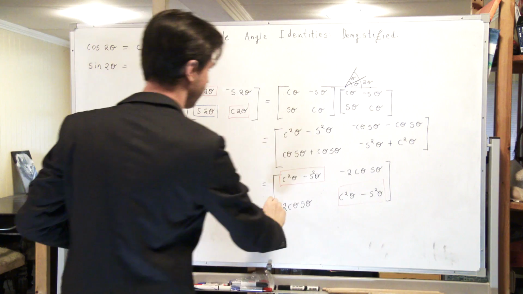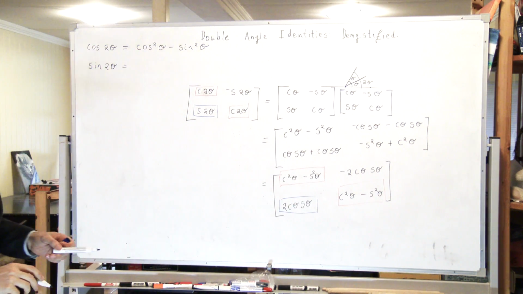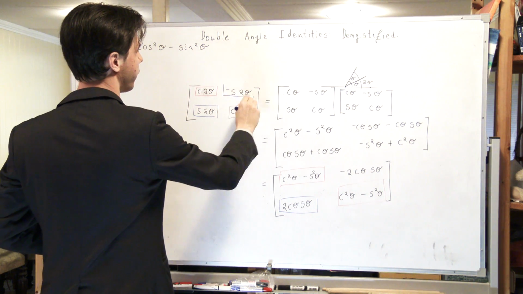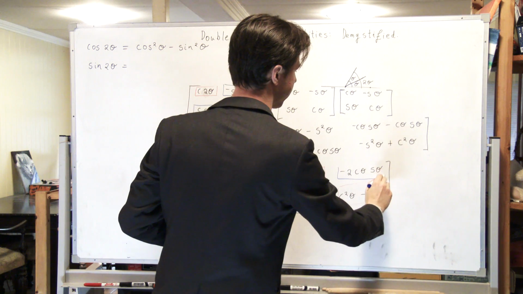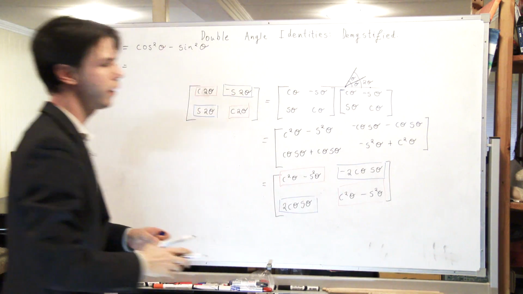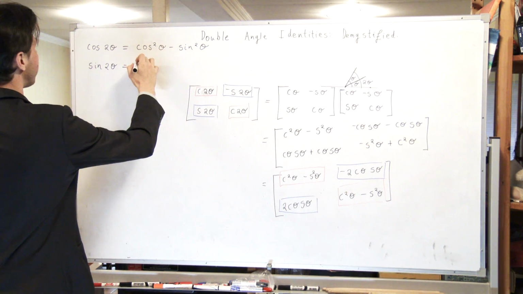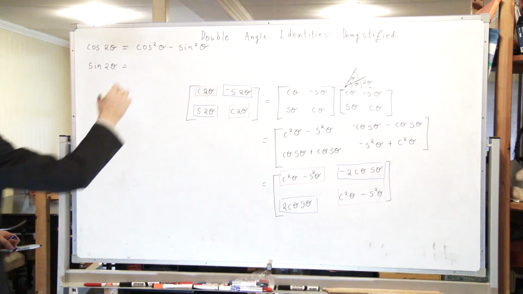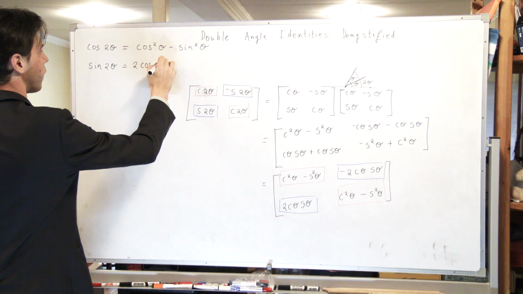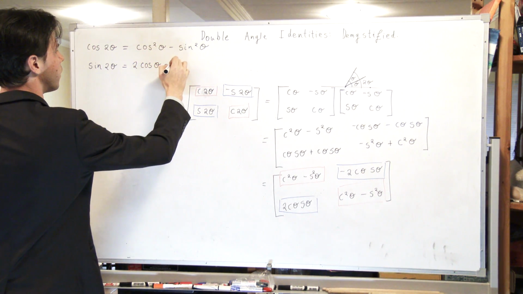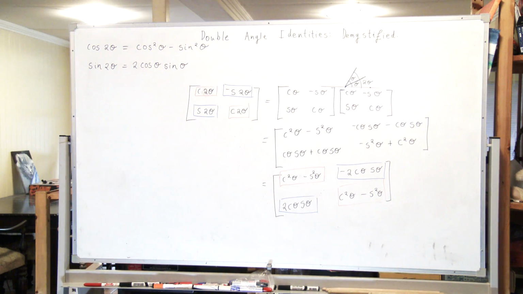That equals 2 cos theta times sine theta. Then here I have negative sine 2 theta, and that equals negative 2 cos theta sine theta. So I can say sine 2 theta equals 2 times cos theta times sine theta.